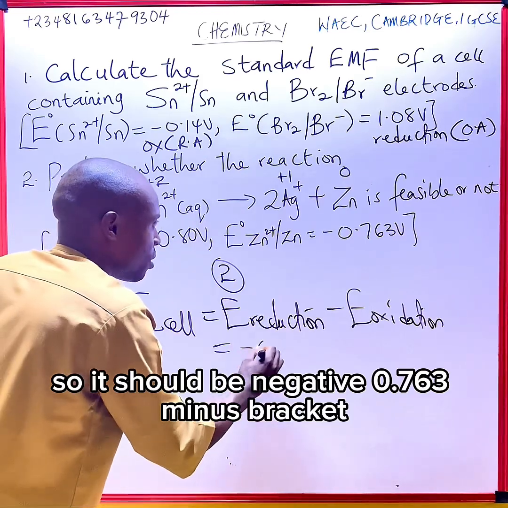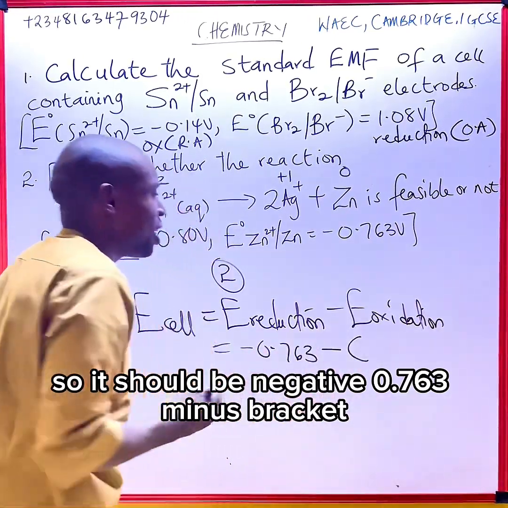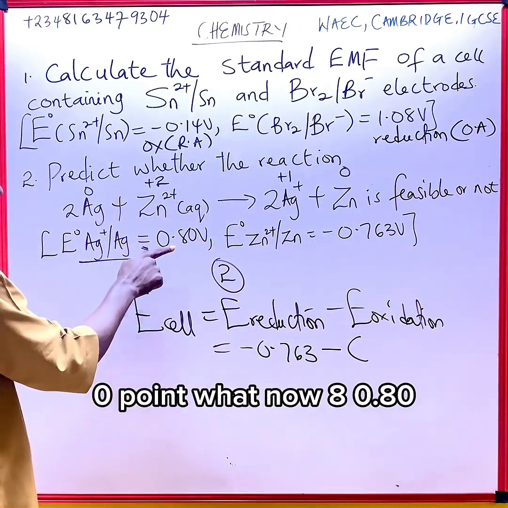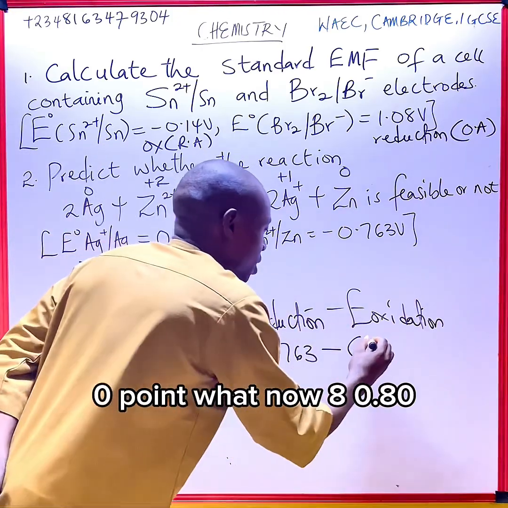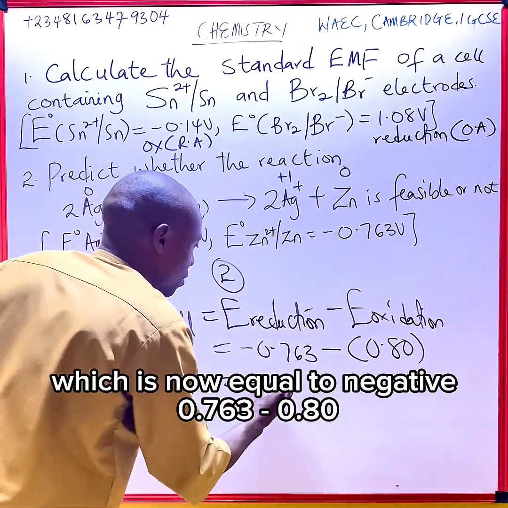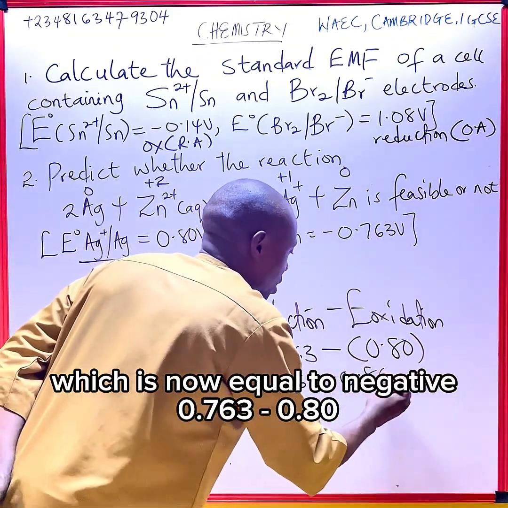So it will be negative 0.763 minus bracket, the oxidation here, which is from 0 to +1, which is 0.80. That is now equal to negative 0.763 minus 0.80.